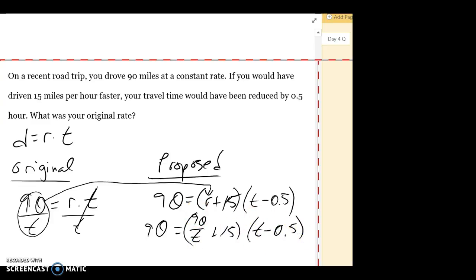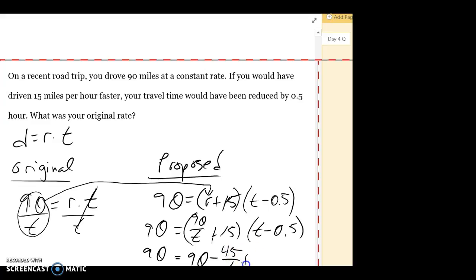Okay, so now I have this set up. It's up to you how you want to deal with this, but really we need to FOIL out that right-hand side to actually get at what's being done for the left-hand side to move that over so we can use the zero product property here. So here I'm going to have 90 equals, when I FOIL this out, 90 over t times t, the t's would cancel, I'm just left with 90. When I multiply negative 0.5 times 90 over t, I end up with minus 45 over t.